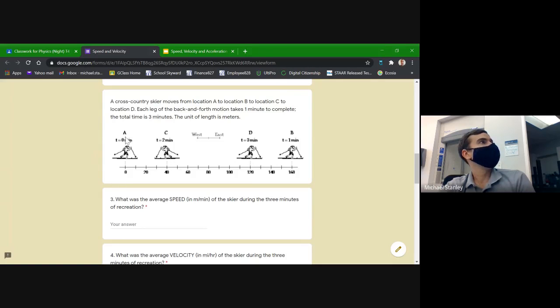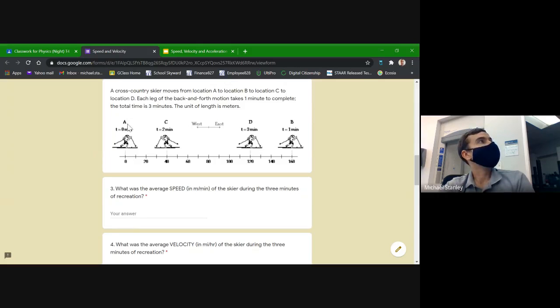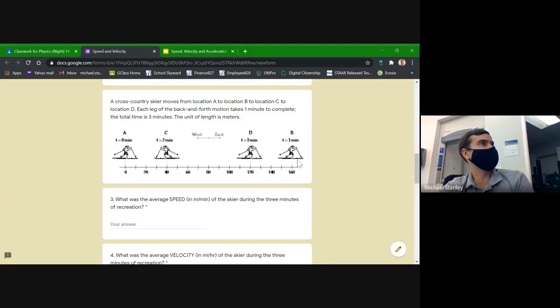And so he goes from A to B to C, then to D. You start at A, you go 160 meters to B, and we go from the 160 mark back to 40 for C, and then we do another 40 to 120 for D.